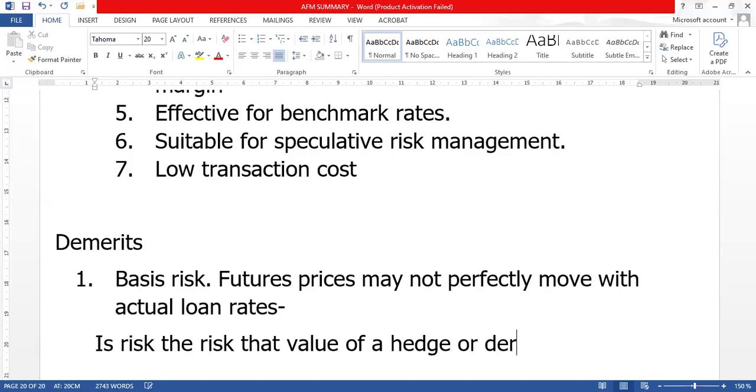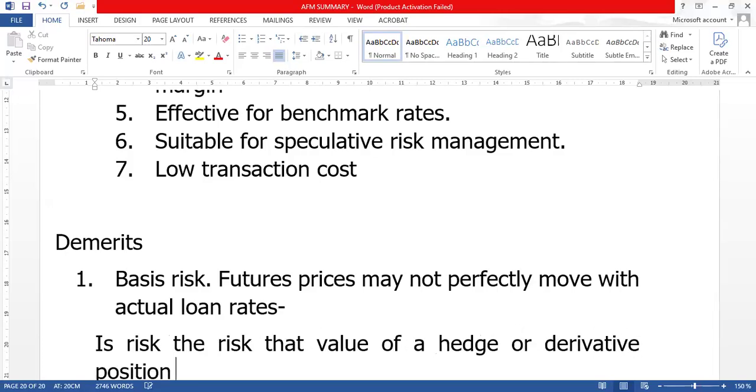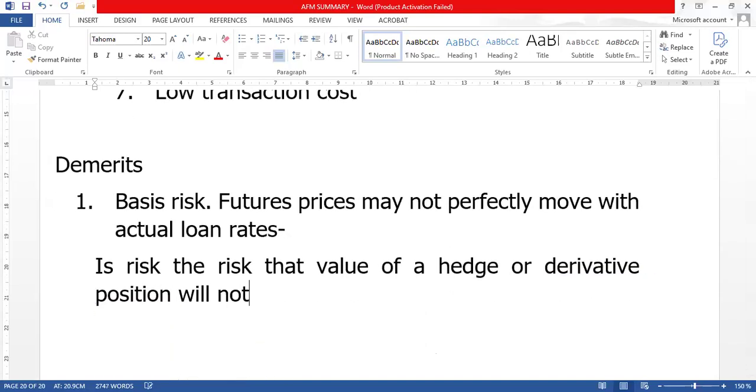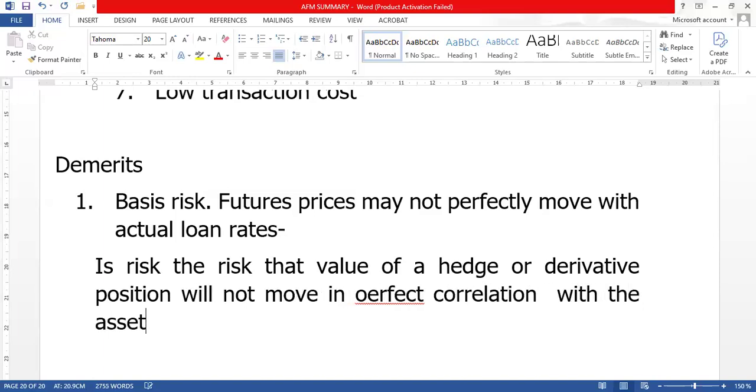the derivative position will not move in perfect correlation with the asset being hedged.